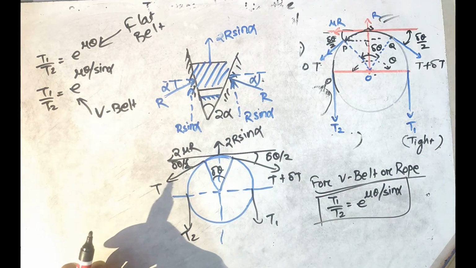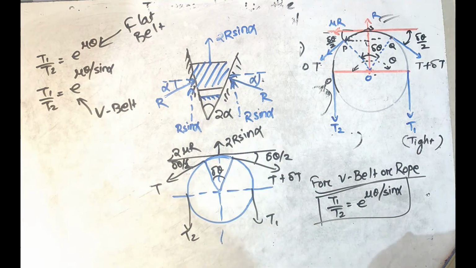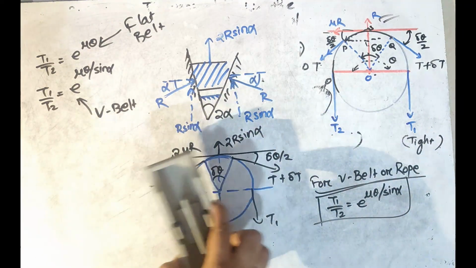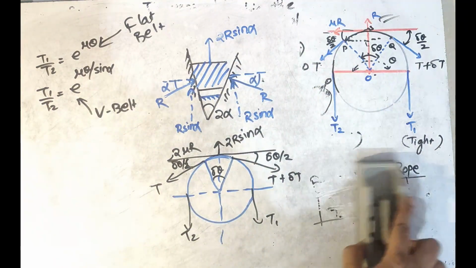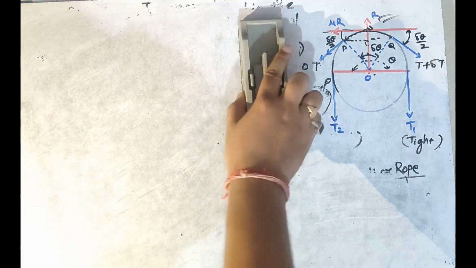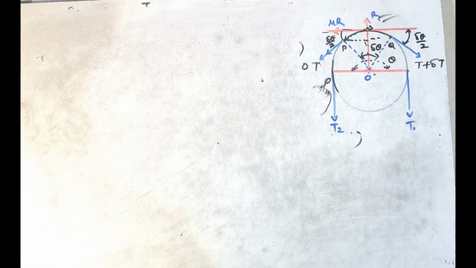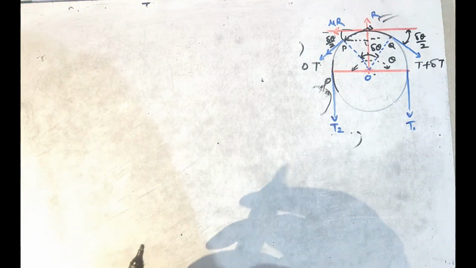Now we will discuss the power transmission, or what the formula is for the power transmitted through this belt drive. We know that power is transmitted through the friction between the belt and pulley.